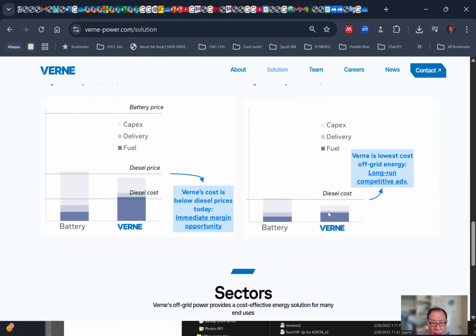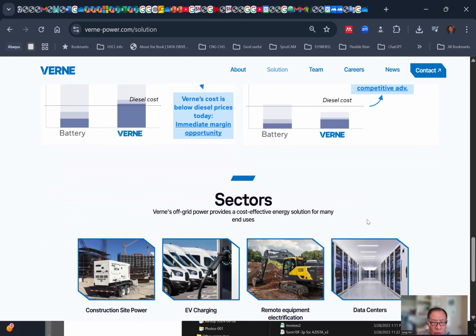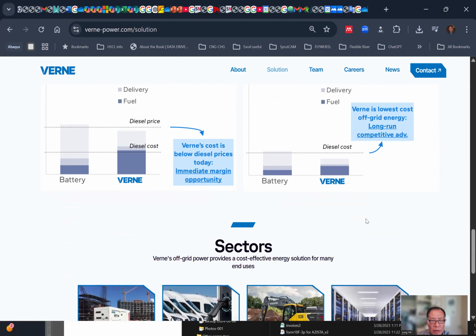Diesel cost is a reference cost to compare with, and the battery and the hydrogen cost is higher than diesel cost. But after 10 years, the price will go down.